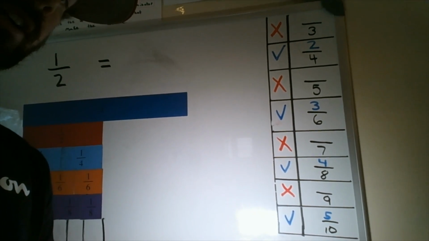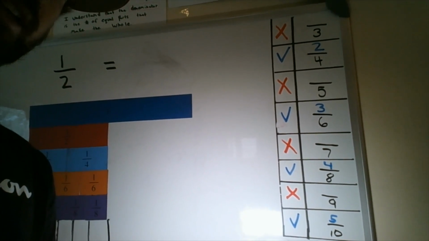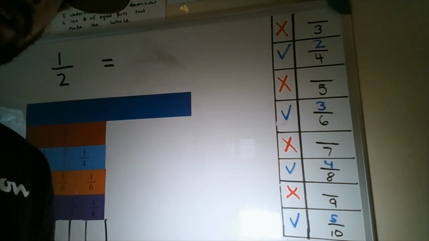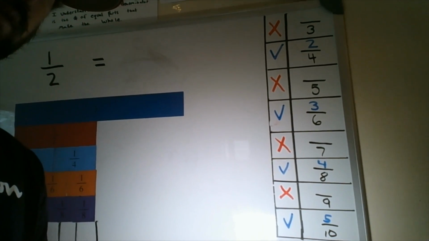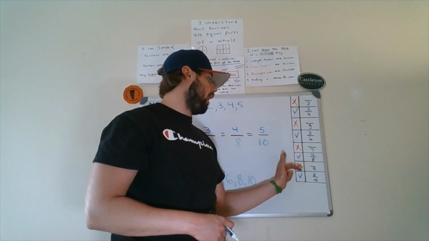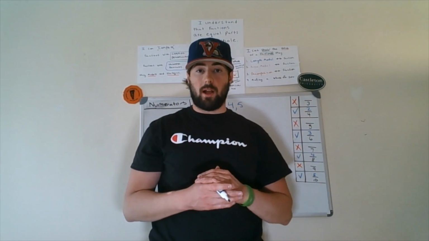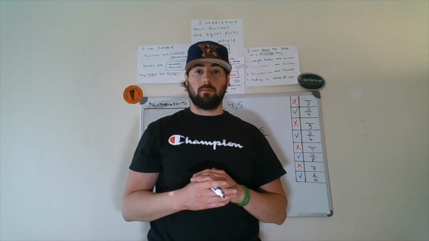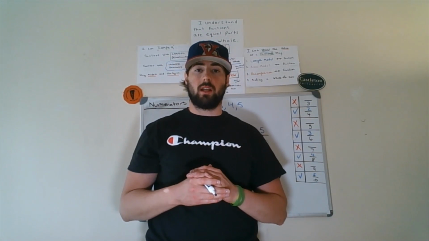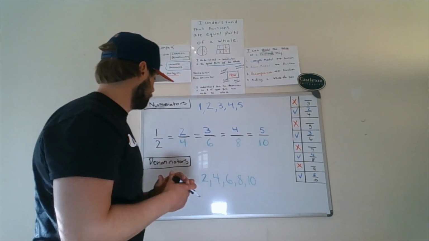Lastly, I notice that all my denominators are even numbers. Taking a look at those numbers was kind of challenging on the table that we created through exploration. Let's take a look at another way I think will help when looking at the patterns in these numbers.